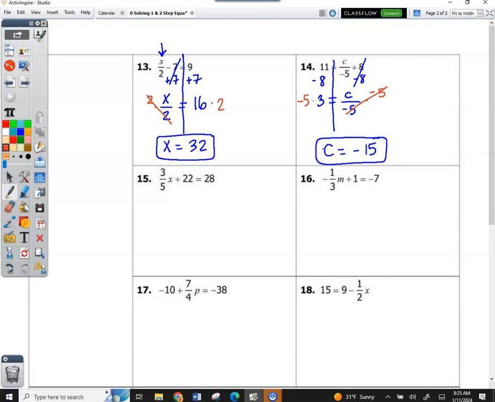Again, now that these are getting a little bit dicier, I guess you could say, when you come to an answer, just go to your calculator and type one side in, the side you got the answer with, negative 15 divided by negative 5 plus 8, and see if you got it right or not.